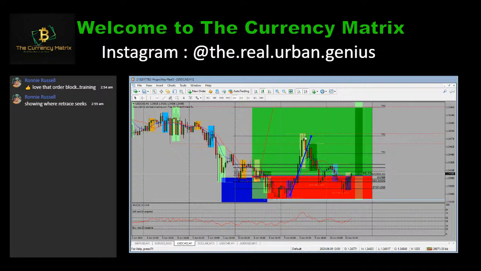Then, of course, throughout the rest of the day yesterday, it retraced. Today, given the exact same entry, we'll likely proceed past yesterday's high. Because remember, each candle retests the high and low of the previous candle. The low of yesterday has already been tested.